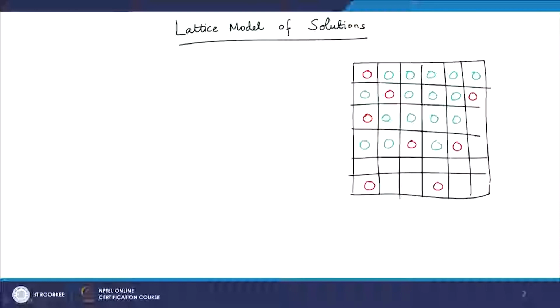And of course, both of these are assumed to occupy the same volume, that is equal to the lattice volume, that is equal to the cell volume in the lattice.